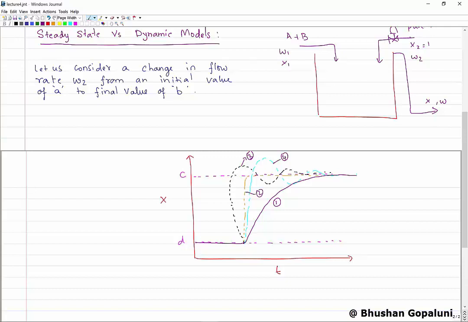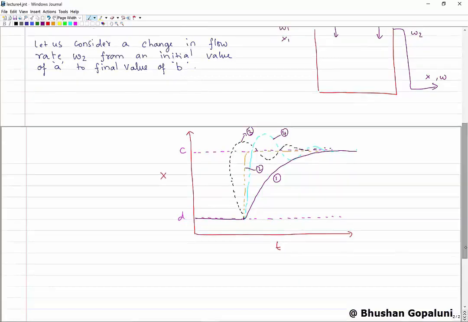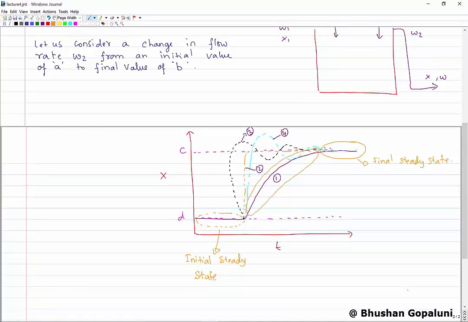It turns out that the dynamics of this process can be defined by a single ordinary differential equation, and the solution of that ordinary differential equation will never exhibit oscillations, and therefore the response exhibited by this process would be one that is denoted by the number 1 in the diagram here. There's an initial steady state, there's a final steady state, and a dynamic portion associated with this response. This is what we call a dynamic response, the dynamic response of the process.